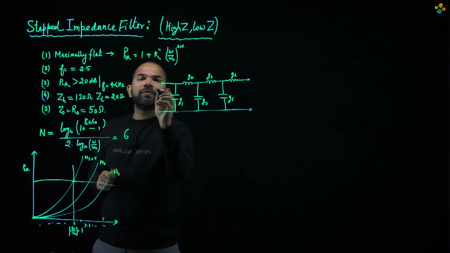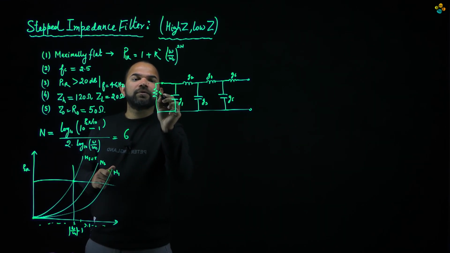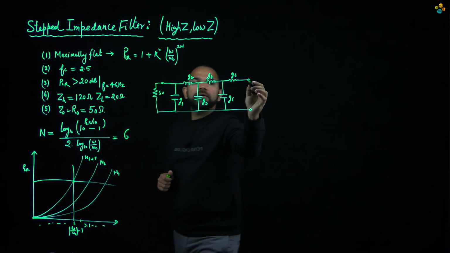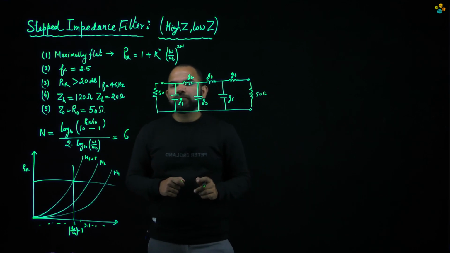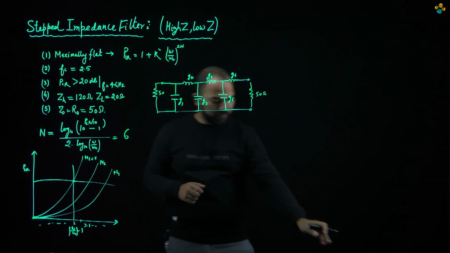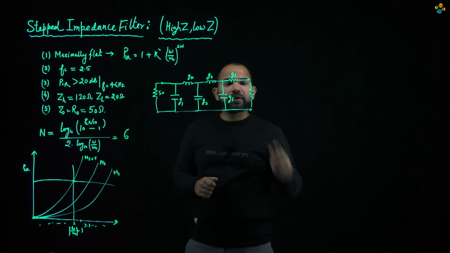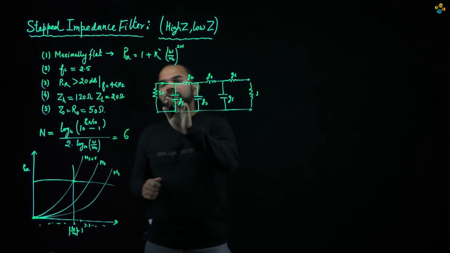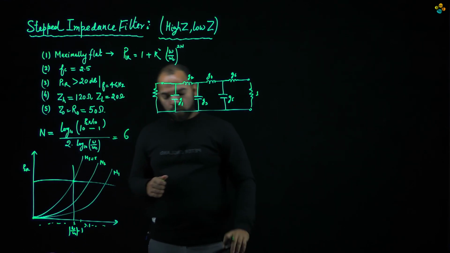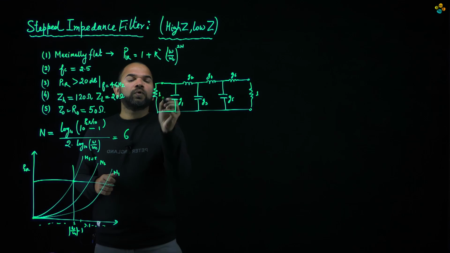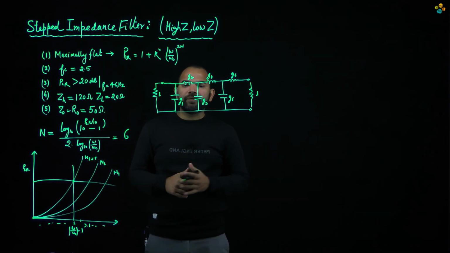We have a system impedance of 50 ohm, and here also 50 ohm. Right now, as we are working in the normalized domain, let's put these values as 1, and here also 1. We'll get back to the 50 ohm when we renormalize all the values.